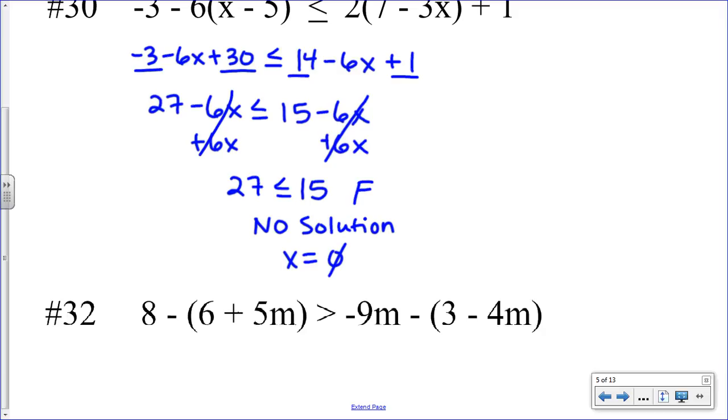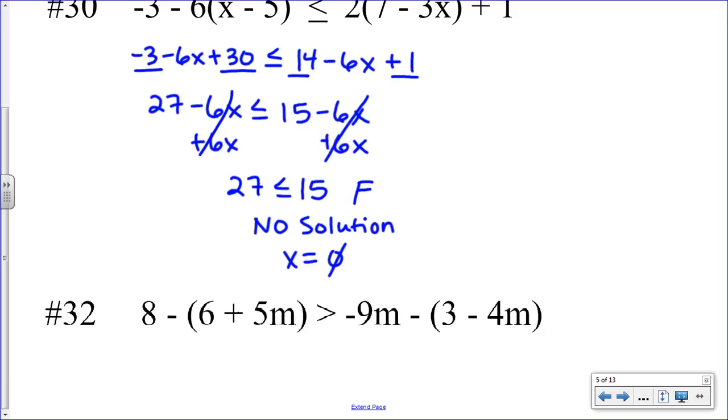Yes. So no solution is, if you get a false statement, then there is not a solution. That's why this makes sense here. There's not a solution that would make this true. No matter what you plugged in for x, you would not get a true statement.